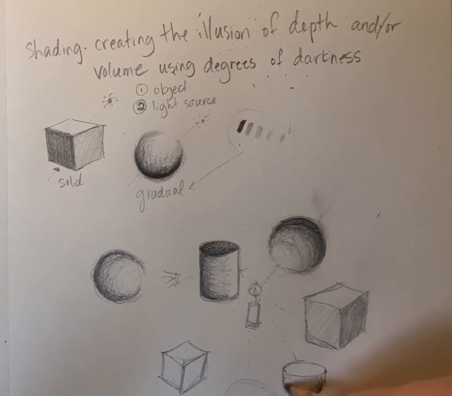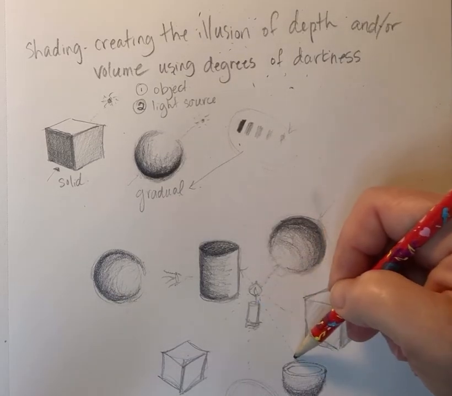Now, if this happened to be an actual bowl that was hollow on the inside, remember how we did that the other day? I'm just going to switch to my HB pencil because this one is a little too soft. So remember how we do two dots and then we join them up?